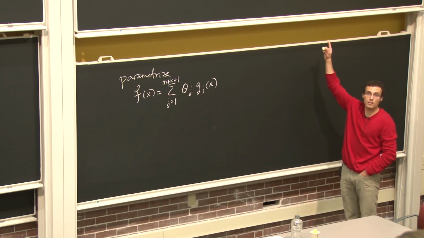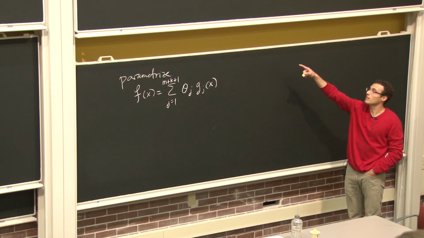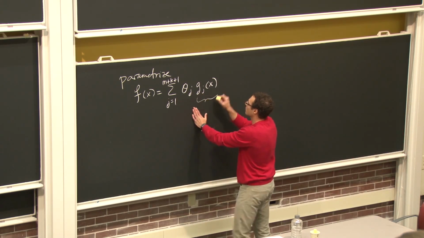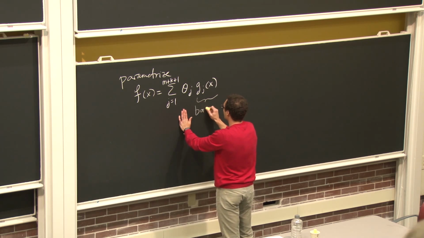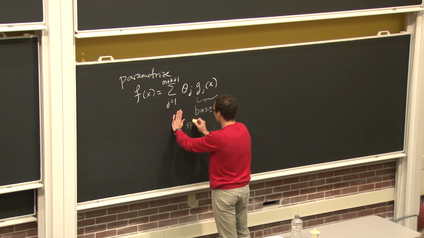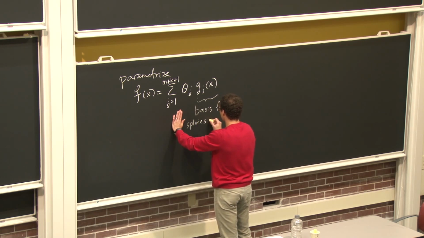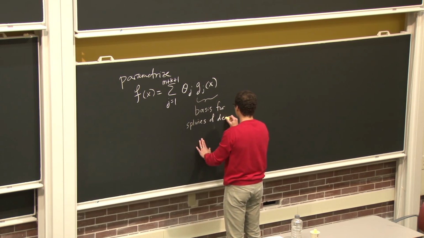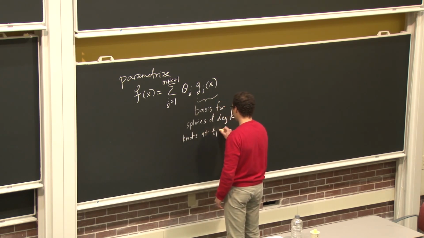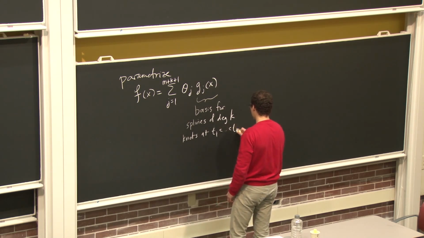So m is the number of knots. K was the degree of the spline. And these functions form a basis for splines of degree k with knots at these values t1 through tm.